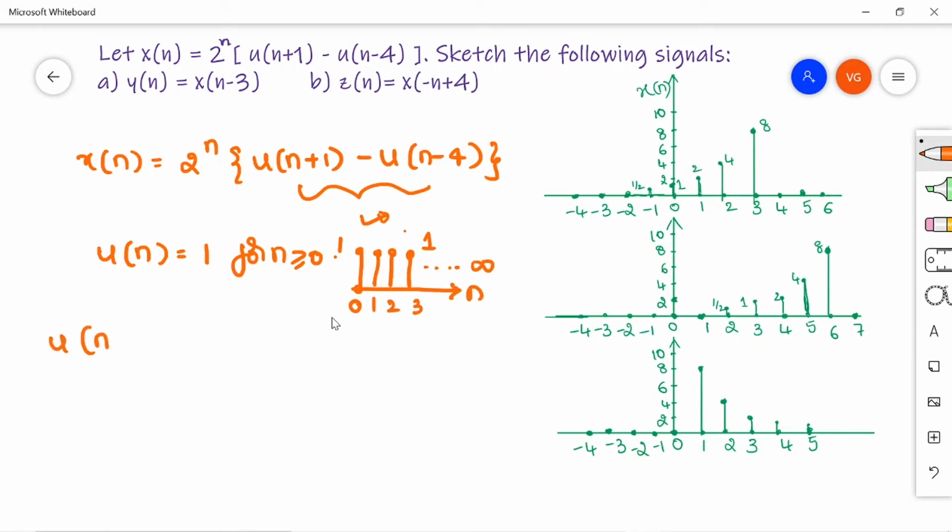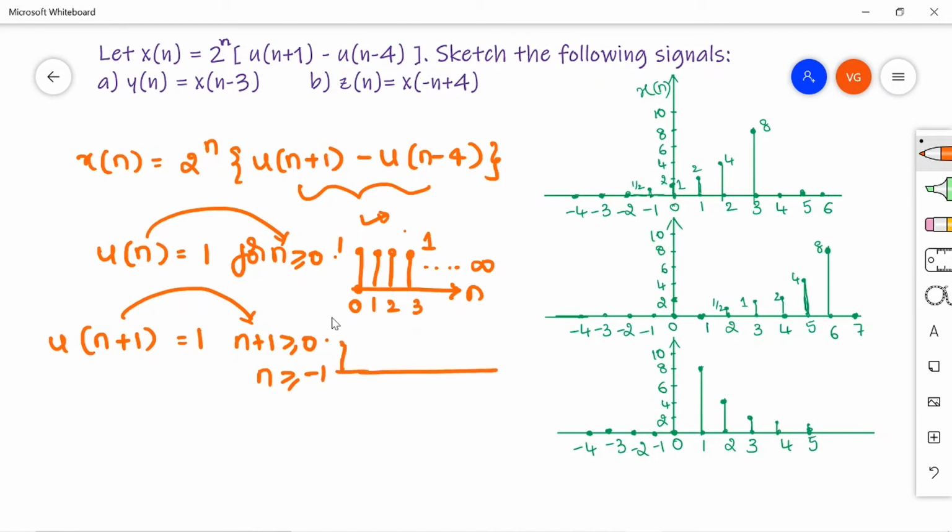Then what is u of n plus 1? Again, u of n plus 1 is also equal to 1 when n plus 1 is greater than or equal to 0, means n is greater than or equal to minus 1. So the signal here starts from n is equal to minus 1, right? So 0, 1, 2, 3, 4, everywhere you have an amplitude of 1 here, isn't it?